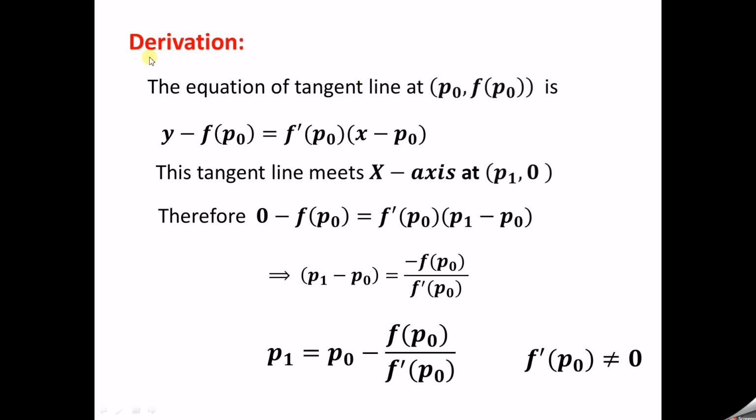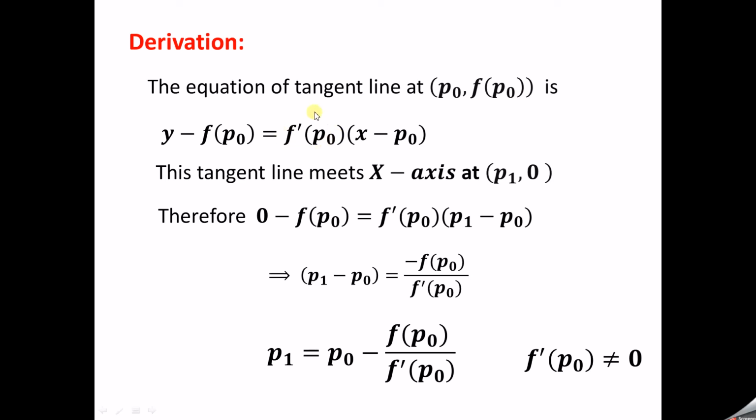So the derivation to find the approximation. So the equation of the tangent line at this point. This is the point on the curve corresponding to P naught. The point on the curve is P naught, f of P naught. So the equation of the tangent line: we know the equation of any line is of this form, y minus y naught is equal to slope times x minus x naught. So y minus y naught, the y coordinate value, is f of P naught, equal to slope.